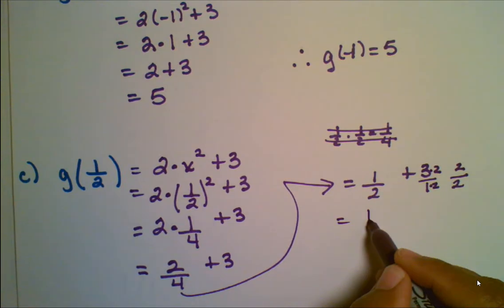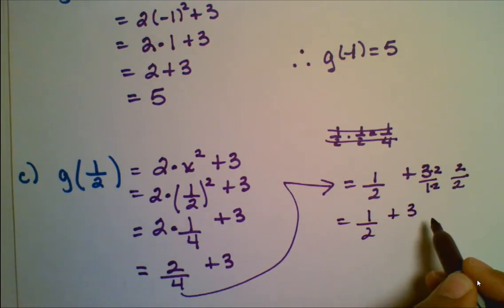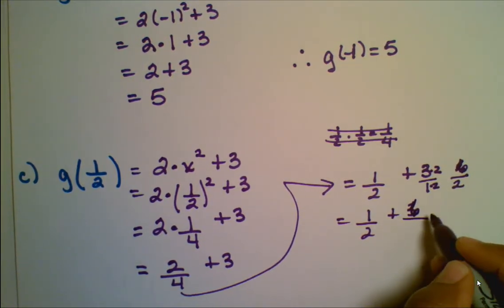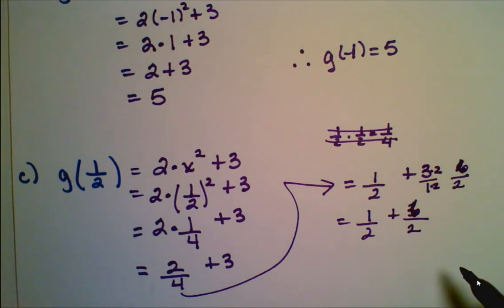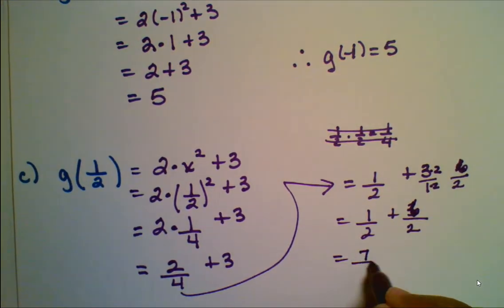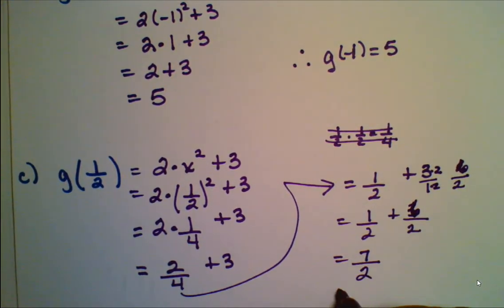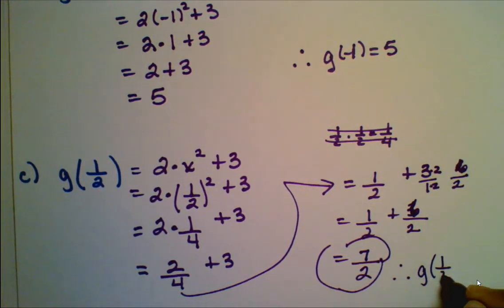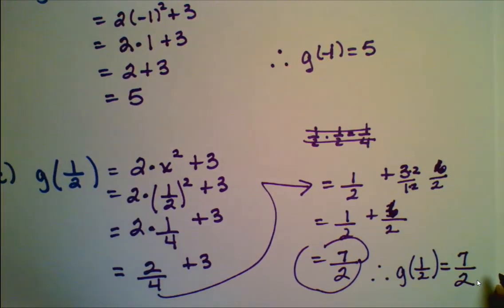So now you have 1/2 plus 6 over 2, and we have here 7 halves. Therefore, g of 1/2 is equal to 7 over 2. So you have an input value of 1/2, and your output will be 7 over 2.